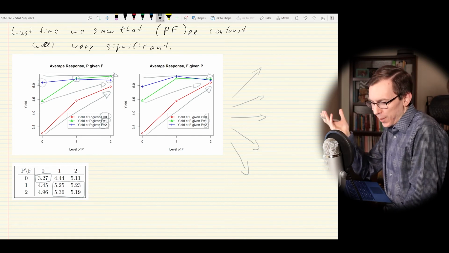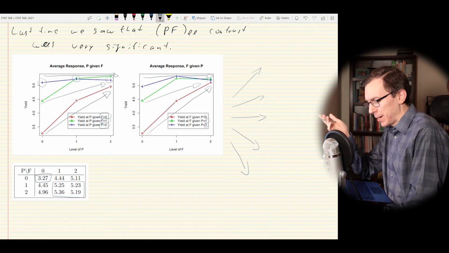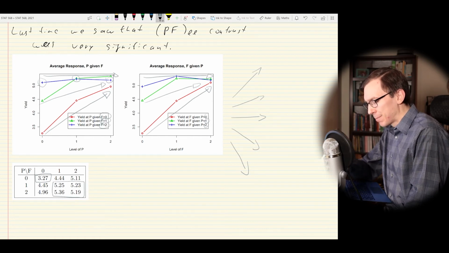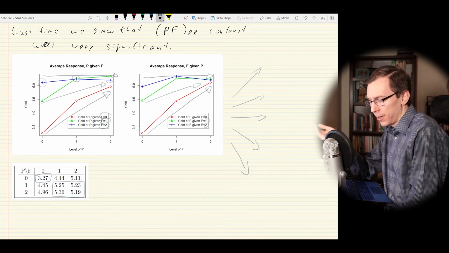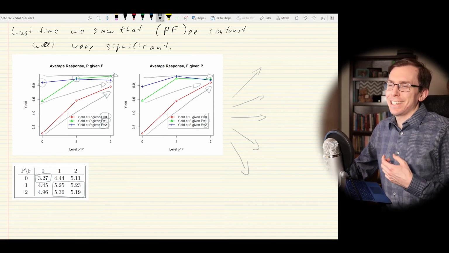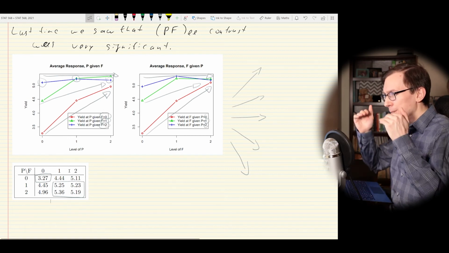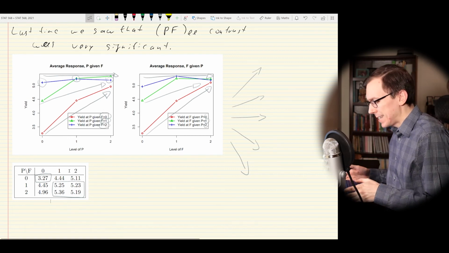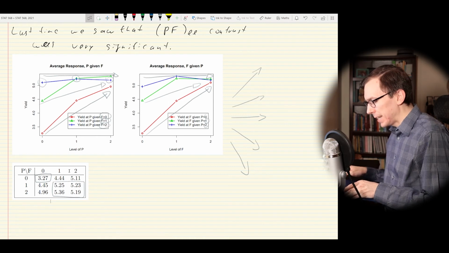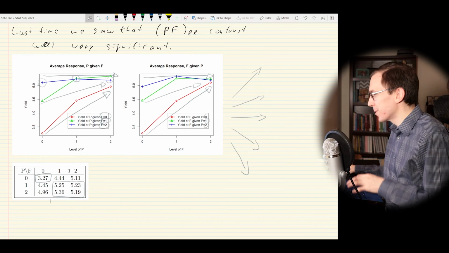This is just another way that you can visualize what the interaction is between P and F, and when you have numbers like that, you would see some type of strong interaction. If there was no interaction, the rows or the columns would all look about the same as you moved through them, and there wouldn't be any changes from one to the next. Up to noise, of course.